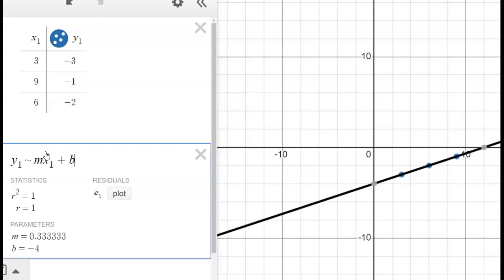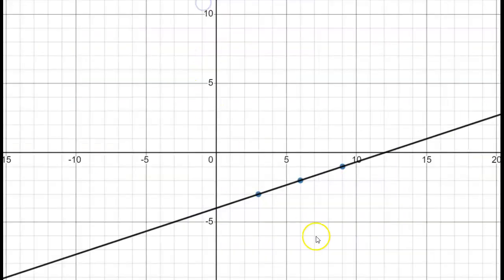You can type y sub 1 tilde m x sub 1 plus b, and that will give you the line of best fit, or our residual line. And I can see pretty clearly that our line goes through all 3 points, so I know it's linear.